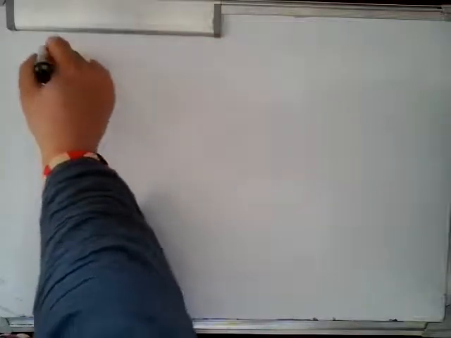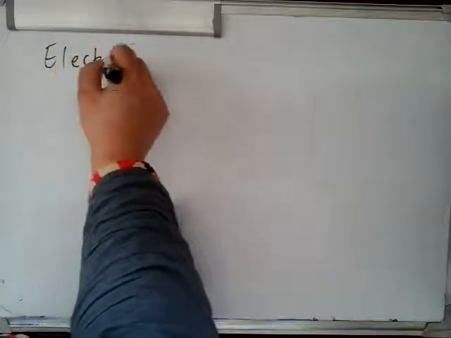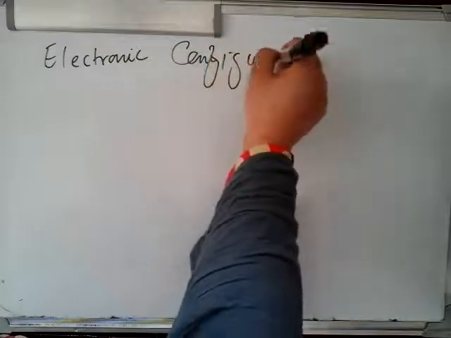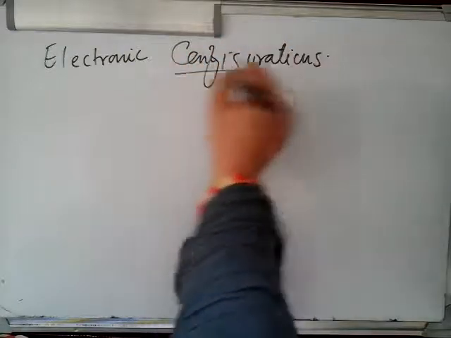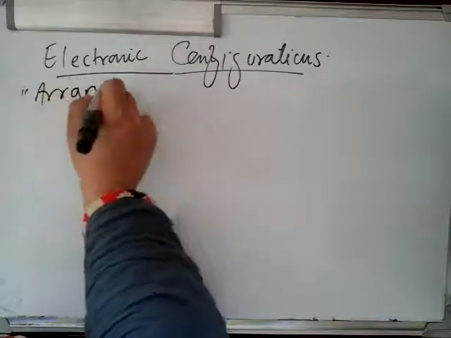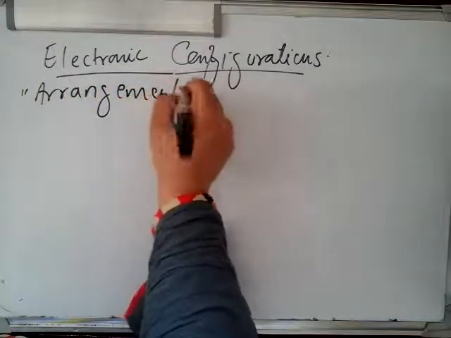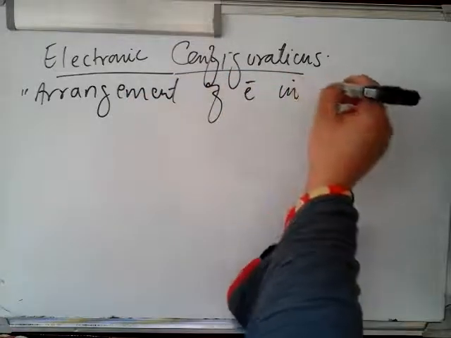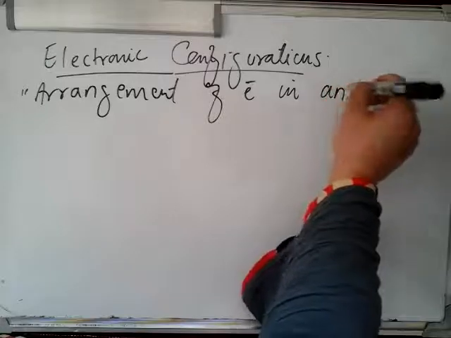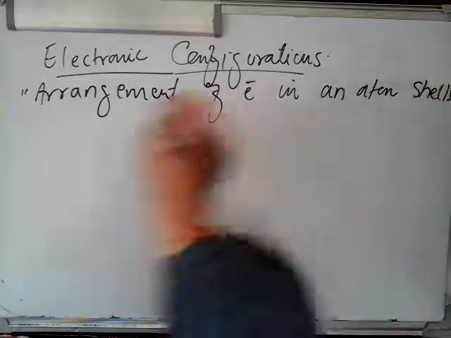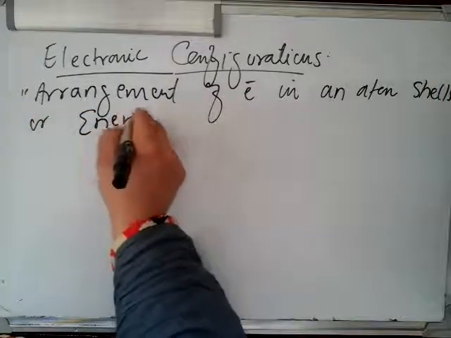Now coming towards our main topic, electronic configuration. Electronic configuration can simply be defined as the arrangement of electrons in an atom's shells or energy levels.